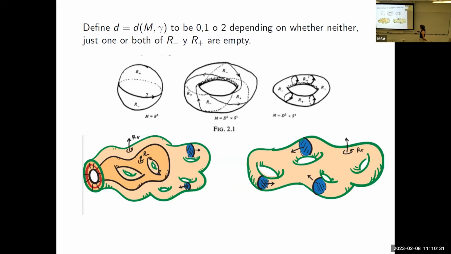So we are going to define this number B for a sutured manifold to be 0, 1, or 2, depending on whether neither, just one, or both of R plus or R minus are.